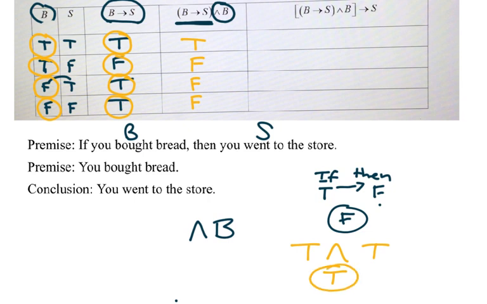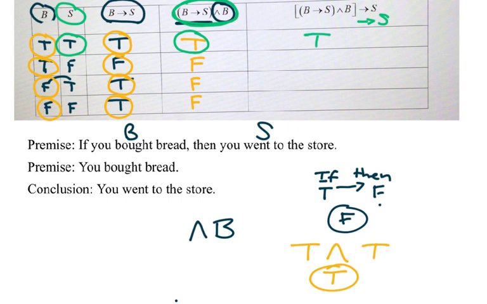Lastly, now we take this line here and we want it to go to the line of S. So that's this line here. So our arrow is going from true to true. That's true.